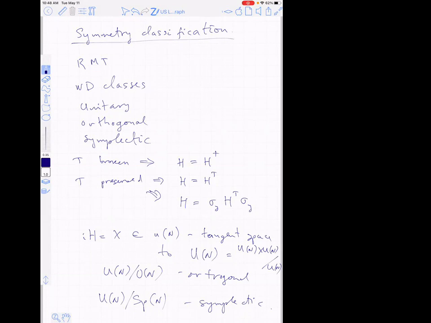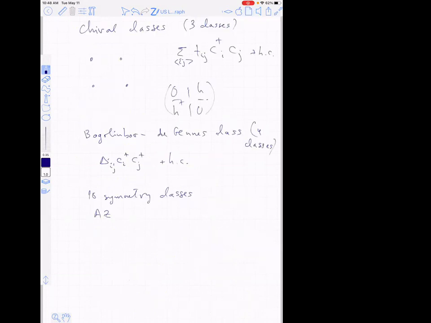All I'm trying to say is that the symmetry classification is the extension of the Wigner-Dyson classification of random matrices. That's what I'm saying. But okay, I think that's pretty much all I wanted to say about this. I just wanted you to be aware of this: there are 10 big classes that need to be studied.